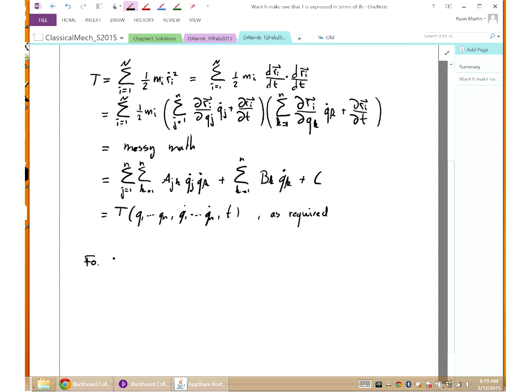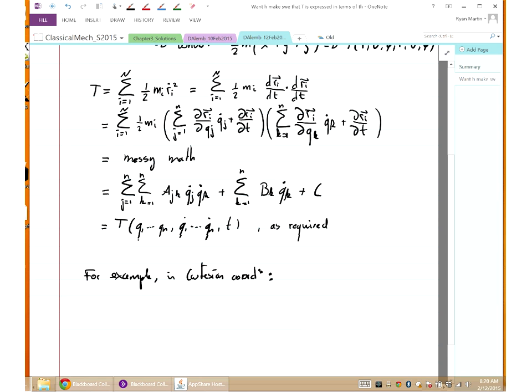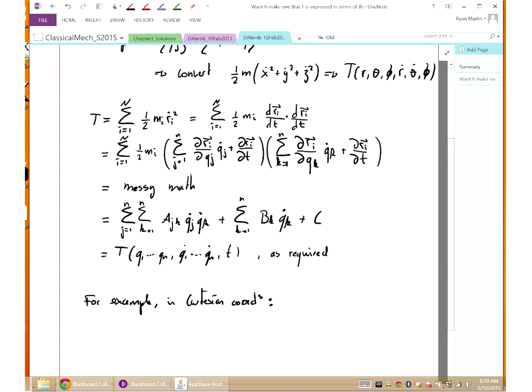So for example, in Cartesian coordinates, because that's easy, q_1, q_2, and q_3 would be x, y, and z. And so I can just pick out the formula for the kinetic energy that we have here with the a_jk's, the b_k's, and the c, and compare it to the kinetic energy I have up top here for Cartesian.